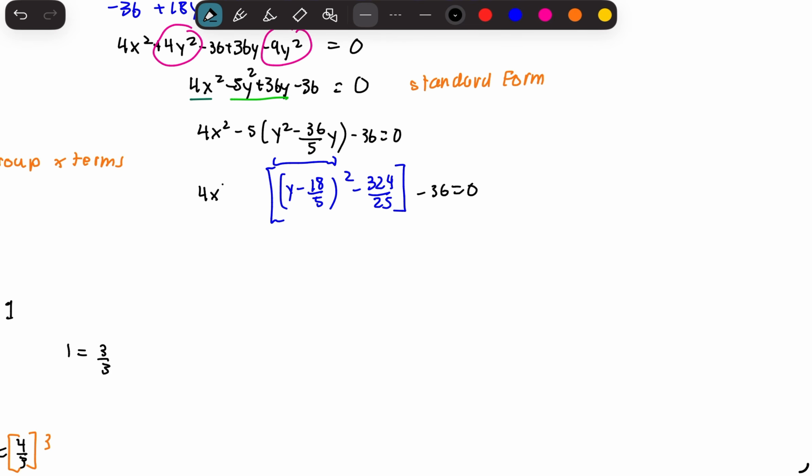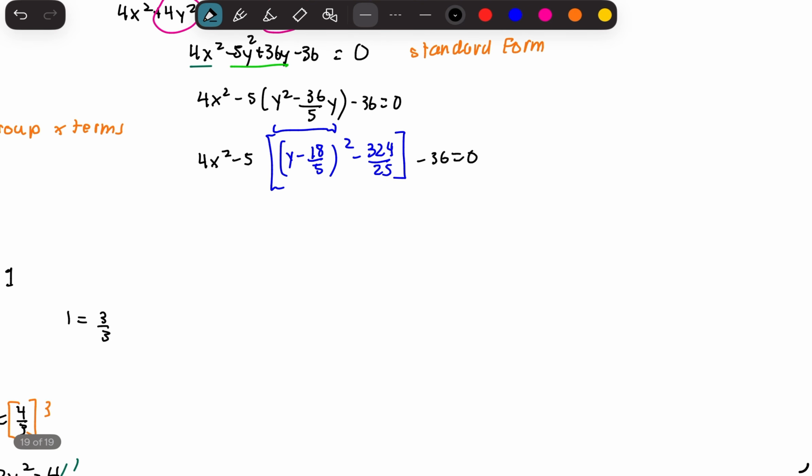So this is going to be 4x squared minus 5. And after this, you're just going to distribute that 5. And you're going to have 4x squared minus 5 times y minus 18 over 5 squared plus 324 over 5 minus 36 is equal to 0.